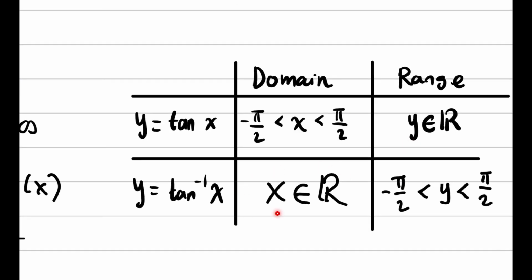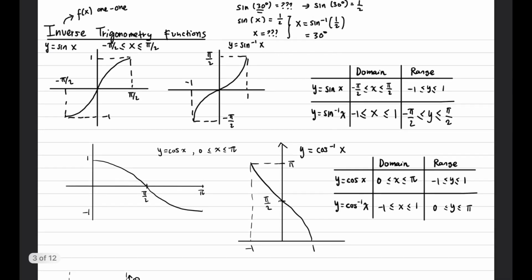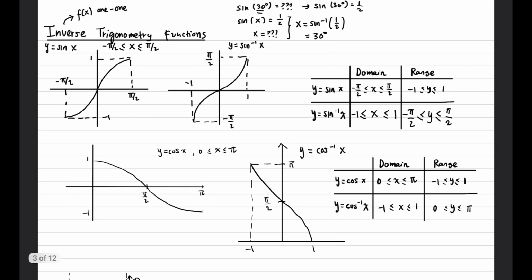So the domain of tangent inverse x is all real numbers. The range of tangent inverse will be the domain of tangent x, which is in between minus pi over 2 until pi over 2. So this is the inverse trigonometry function, guys.